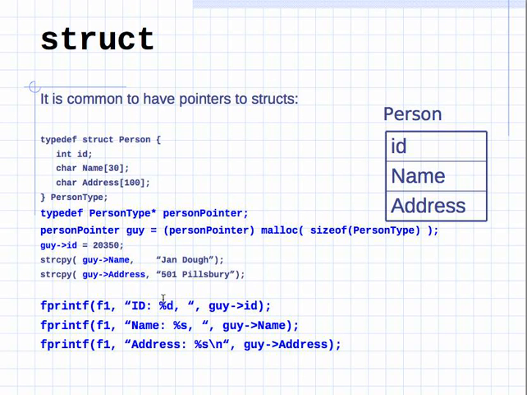So for example, here it is, when we print it out, when we read from that data member, we have to say guy arrow id. When we try to access the string name, say guy arrow name, and so on.